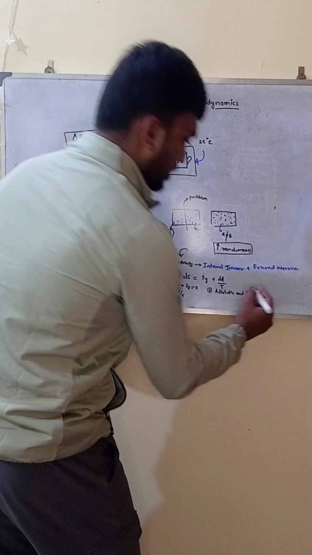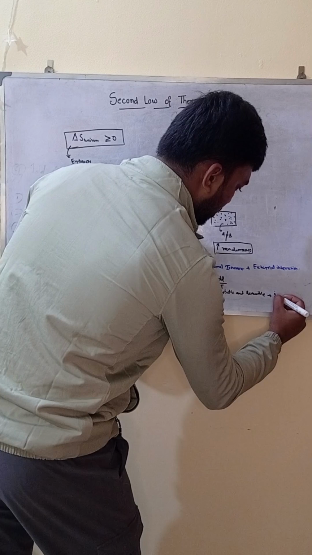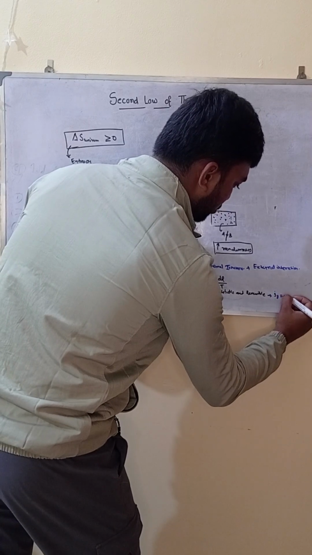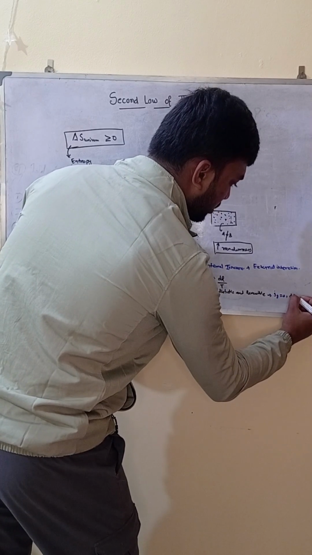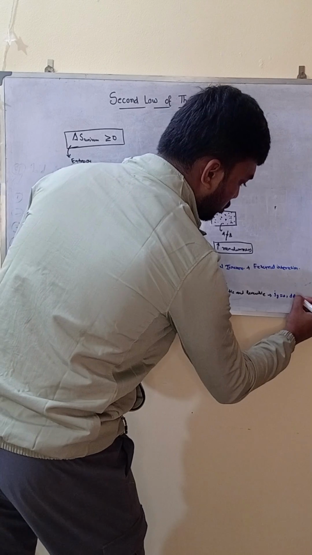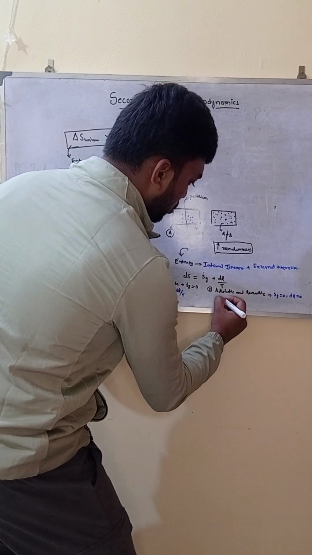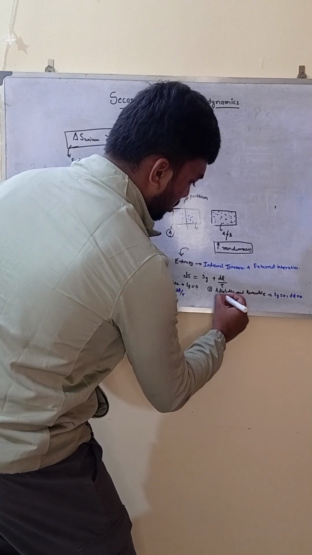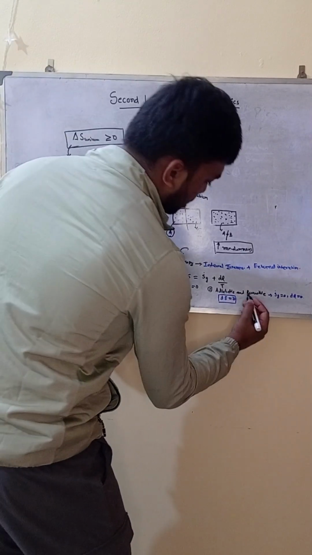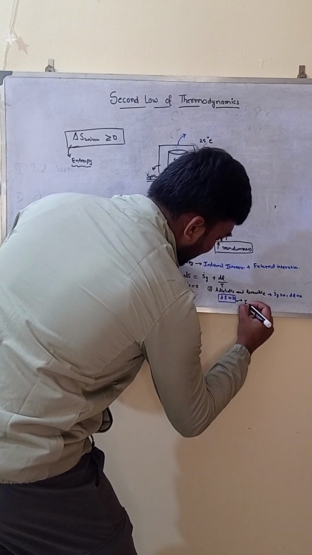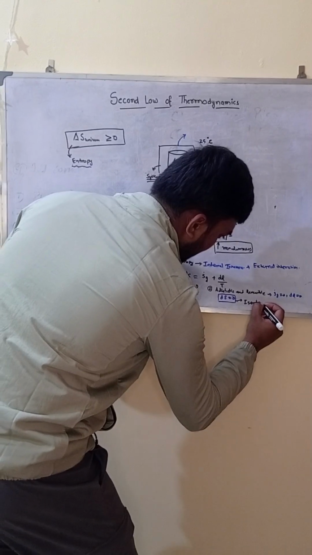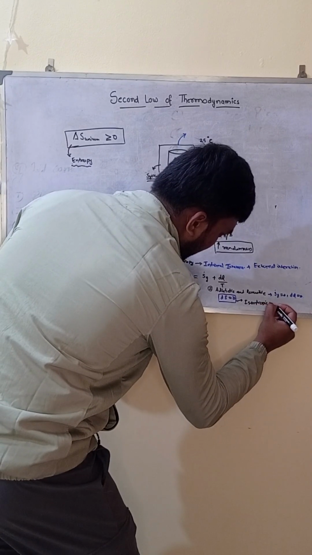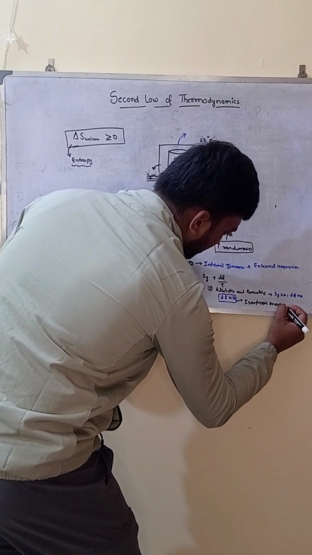For this, the S dot g term equals 0, and the other term, dQ, that is external interaction, will also be 0. So our entropy change will become 0. We also say this is an isentropic process, where entropy remains constant.